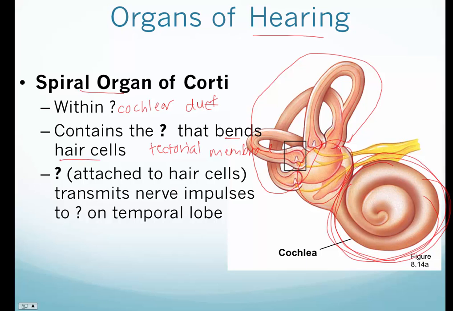That's going to bend hair cells, and we have a cochlear nerve that's attached to hair cells. It's going to transmit nerve impulses to the auditory cortex on that temporal lobe.